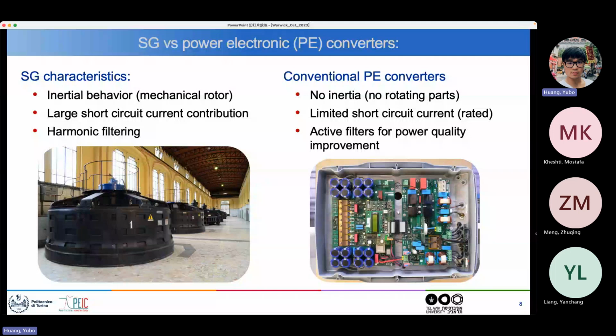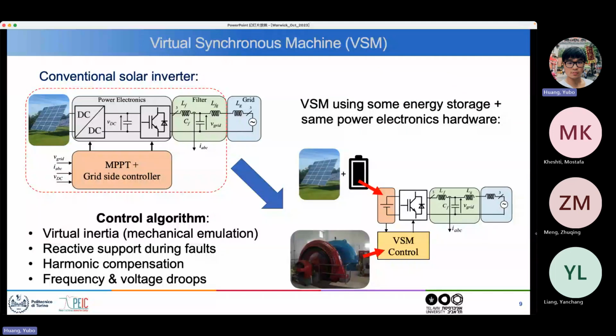How can we help the electricity grid to transition smoothly from the situation in which it is dominated by synchronous generators to the situation in which the production will be dominated by switched power converters?